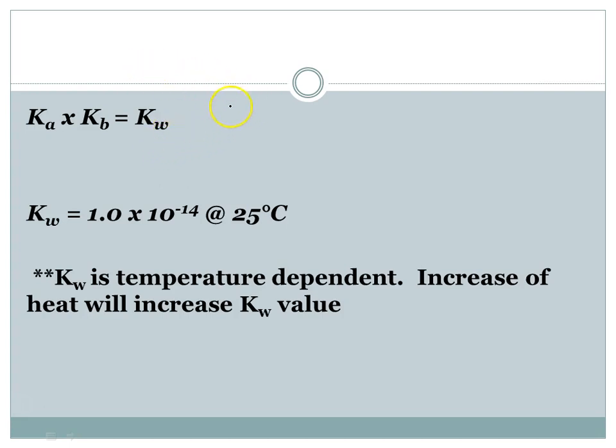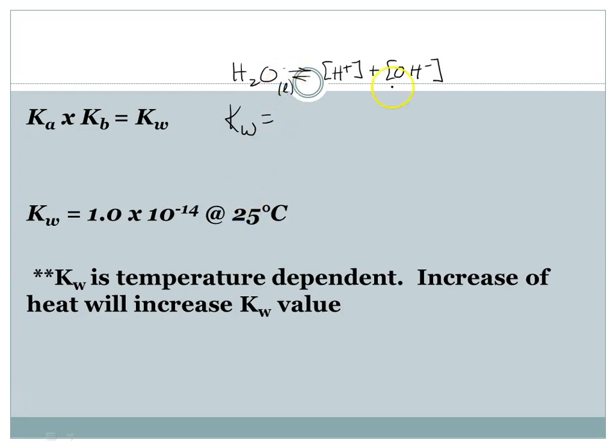So I'm going to tie this back to the auto-ionization of water. So I'll put this kind of up here. As you saw in previous slides, the water is going to self-ionize into hydrogen ions and hydroxide ions.